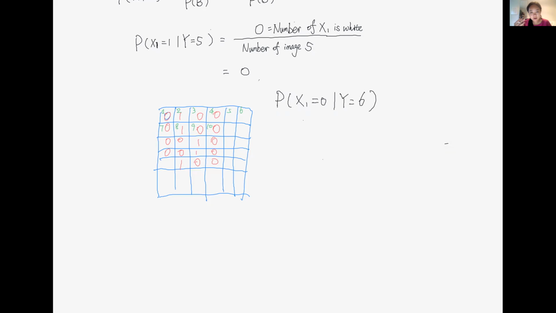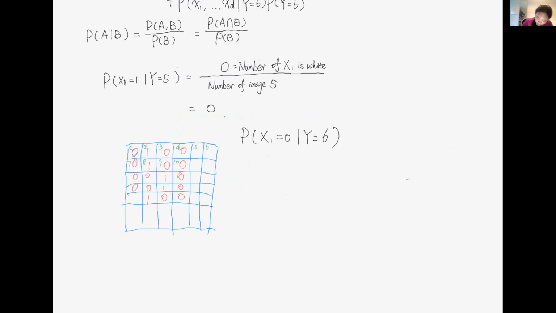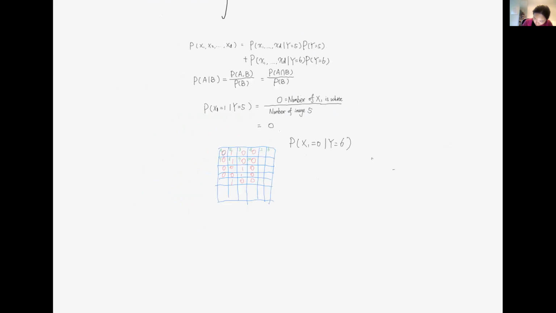And based on our training data set, we know that, do you remember that colored image showing the first pixel being 0, y equals 6?